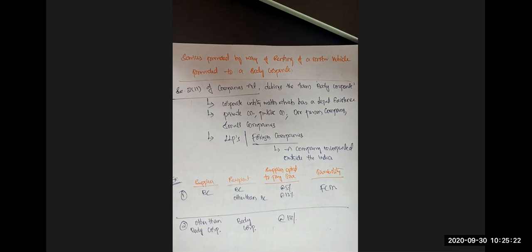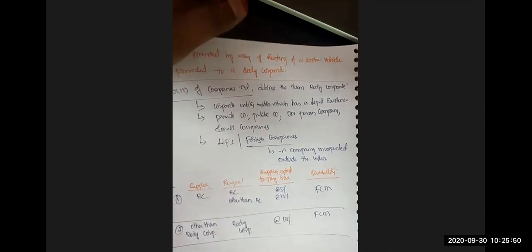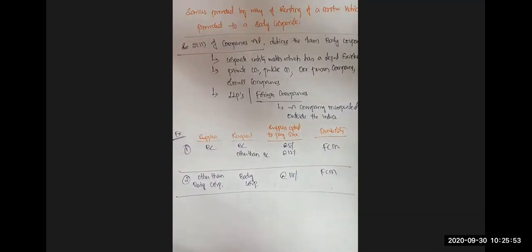The supplier is other than body corporate, the recipient is a body corporate, but the supplier chooses to pay the tax at 12%, that is 6% CGST and 6% SGST if it is an intrastate transaction, or 12% IGST if interstate. In this case, forward charge mechanism is applicable, because if the supplier chooses to pay the tax at 12%, forward charge mechanism comes into picture. Are you following? Next.